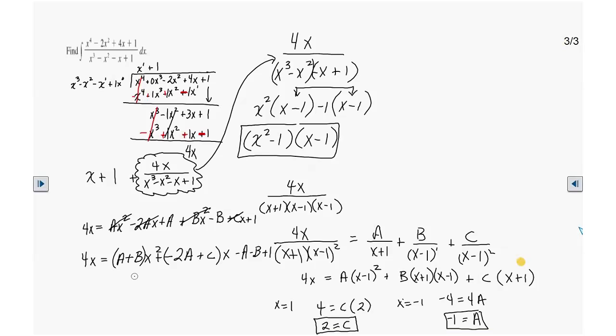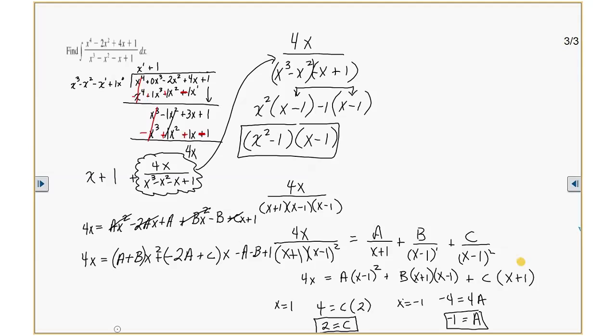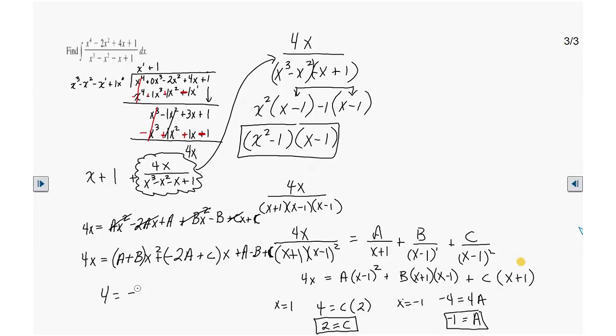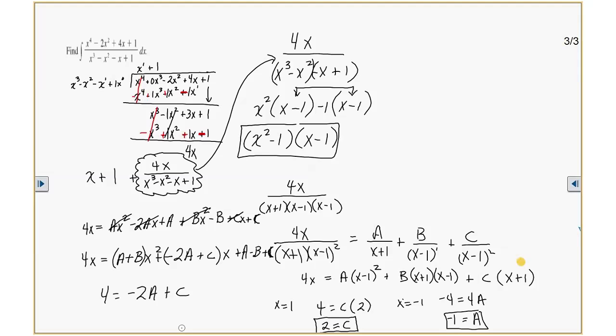Yes, thank you. And that's going to be positive. Thank you. Well, 4 is equal to negative 2a plus c, right? I'm just seeing how we can get, we need b, so that's not going to help us.